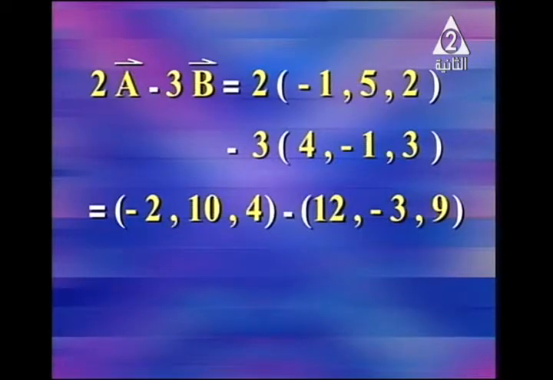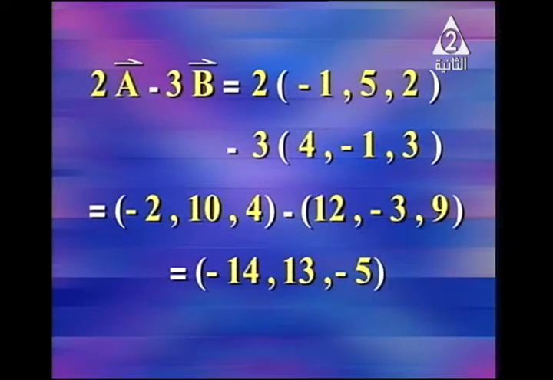Look: negative 2 minus 12 equals negative 14, 10 plus 3 equals 13, 4 minus 9 equals negative 5. Then 2A vector minus 3B vector, answer is vector with components negative 14, 13, and negative 5.